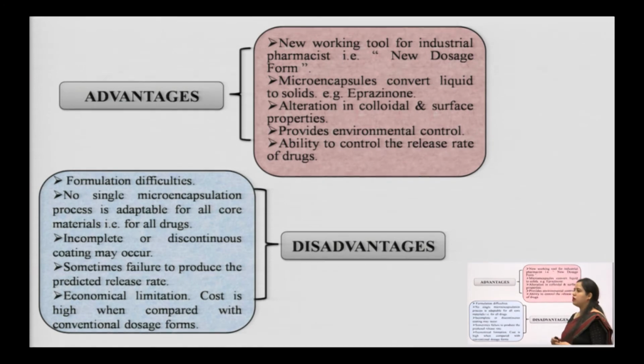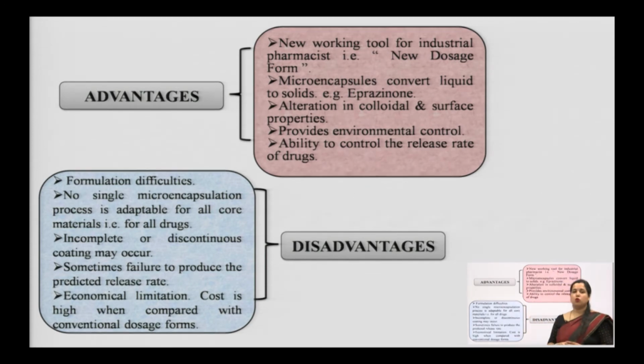So, surface area is increased and the release is modified in that case. Ability to control the release rate of drug. We will get the prolonged release rate of active components through this type of dosage form. If we make microcapsules, if we make microspheres, then we can expect the sustained or controlled type of release of the active components from the dosage form.